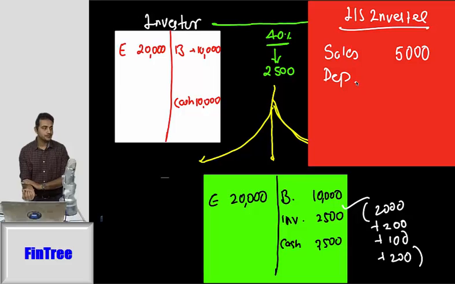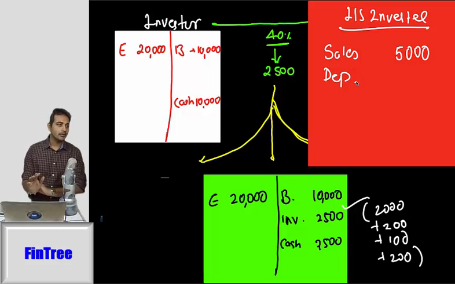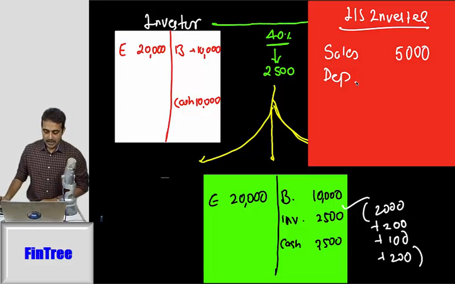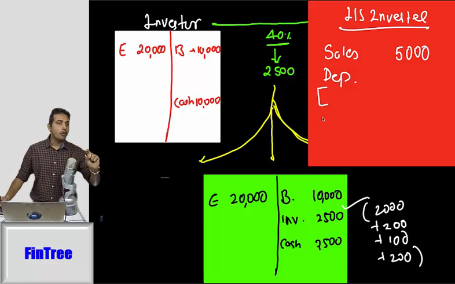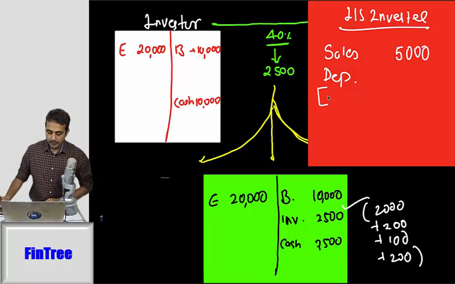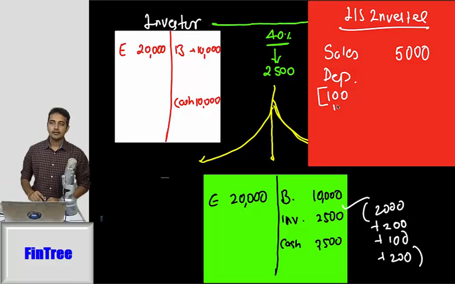Depreciation. I'm cutting down on all other expenses. What was the value of building in books? 1,000. And what was the life? 10. So 100 is the depreciation on building, 1,000 divided by 10.